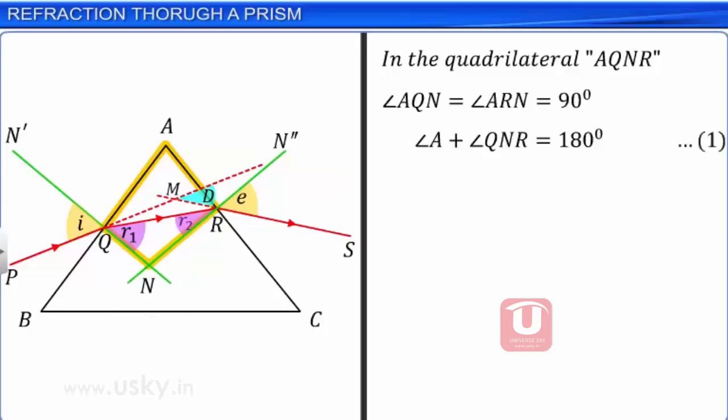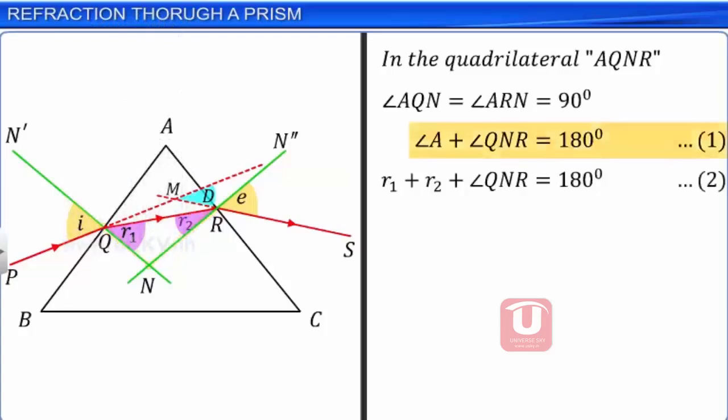Let this be equation 2. From equations 1 and 2, we can write that angle A is equal to r1 plus r2. Since angle A is the refracting angle of the prism, we can write that refracting angle A is equal to r1 plus r2. Let this be equation 3.